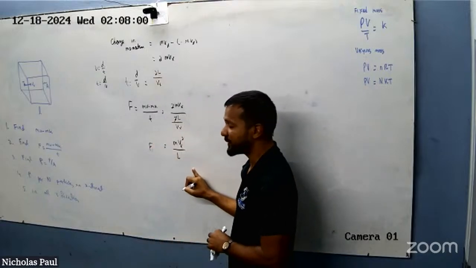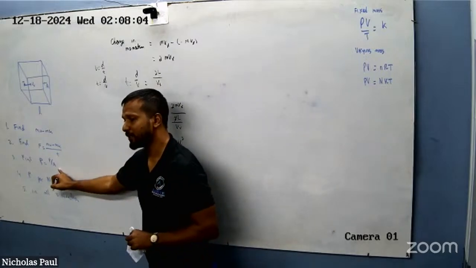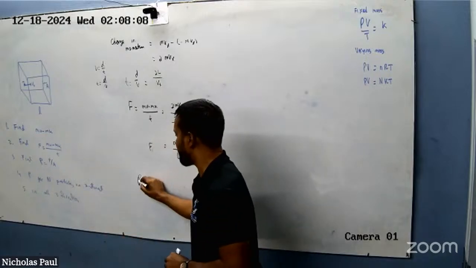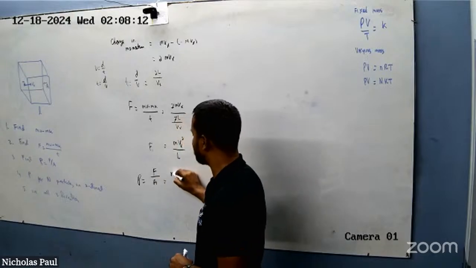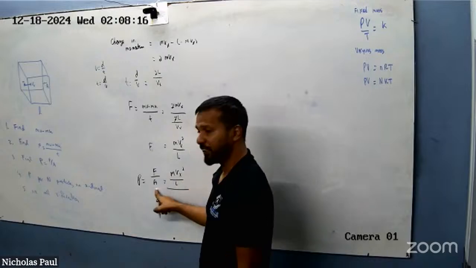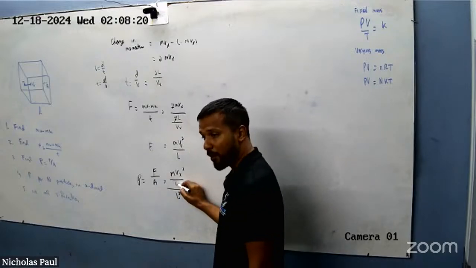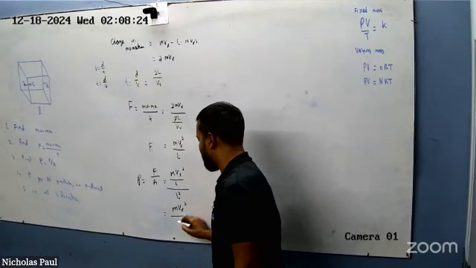What's the next step? The next step is to find the pressure. We know pressure is equal to force over area. We know the force. What's the area? L squared. The L squared will come up here, so you'll get mvx squared on L cubed.